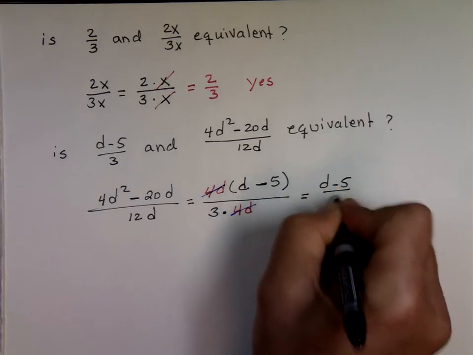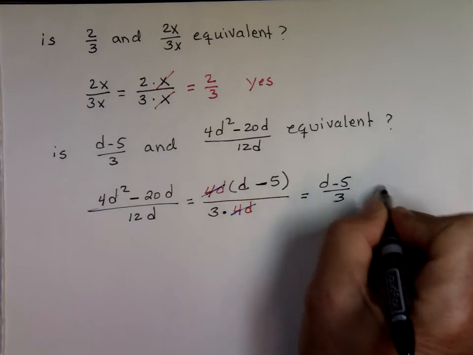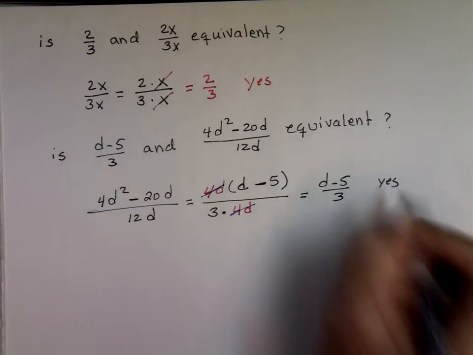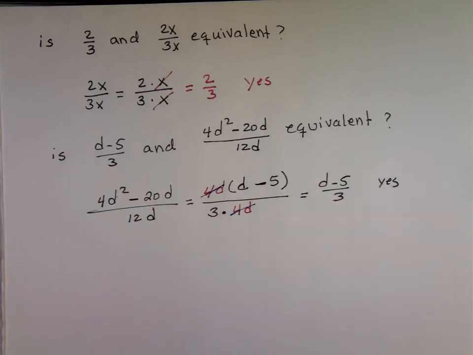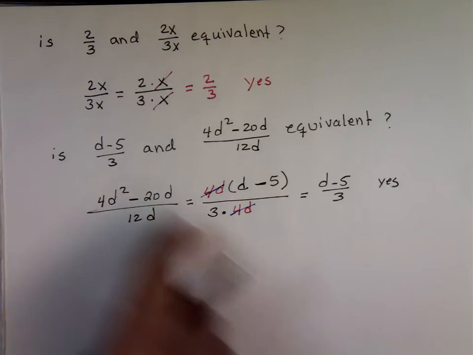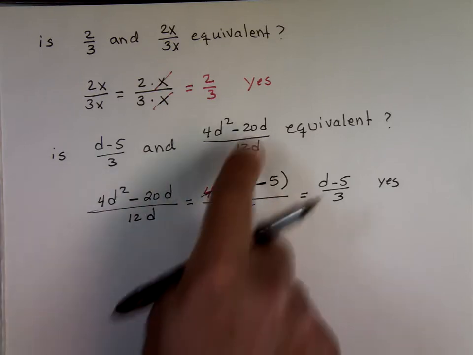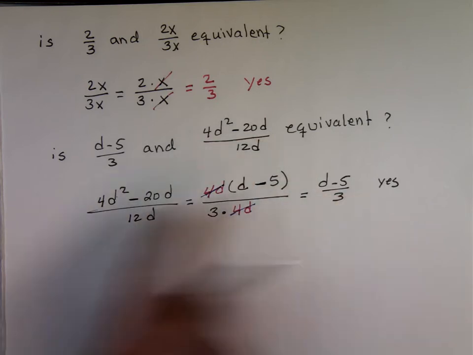Is that the same as this? Yes, it is. Are they equal? The answer is yes. We're going to use this logic to simplify a fraction because that's a simplified version of this.